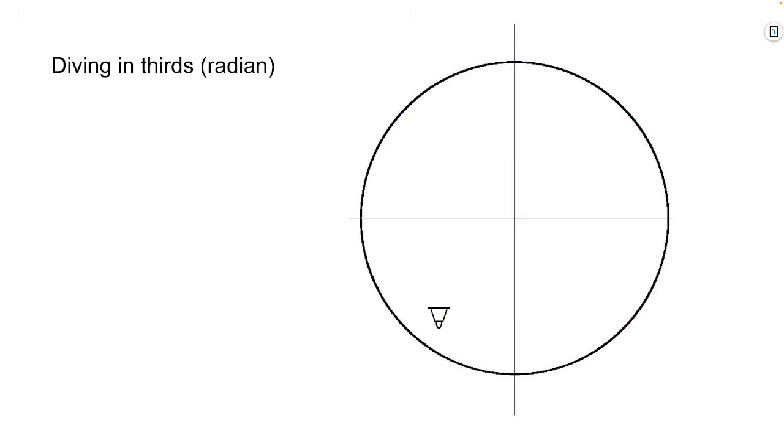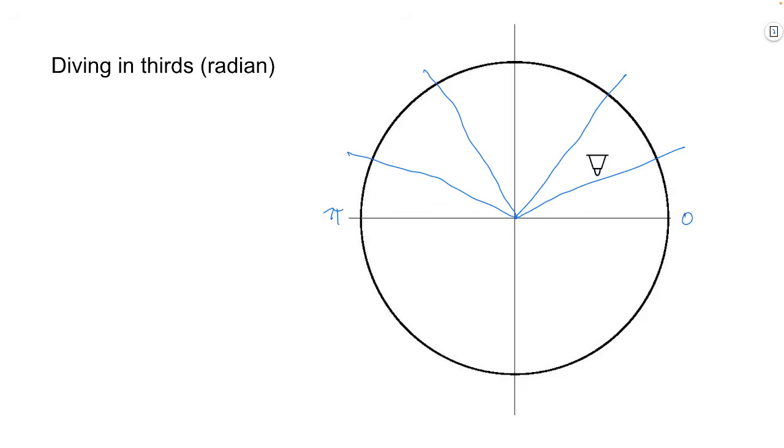If we do it in thirds, let's start here, we're going to have this one, that one, there, and remember this is always going to be pi, 1 pi, so 0 to 1 pi.